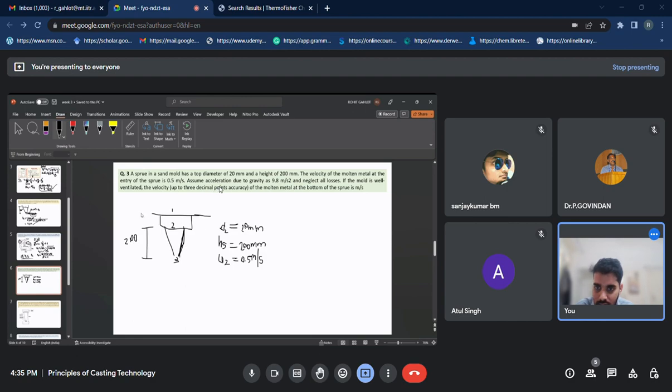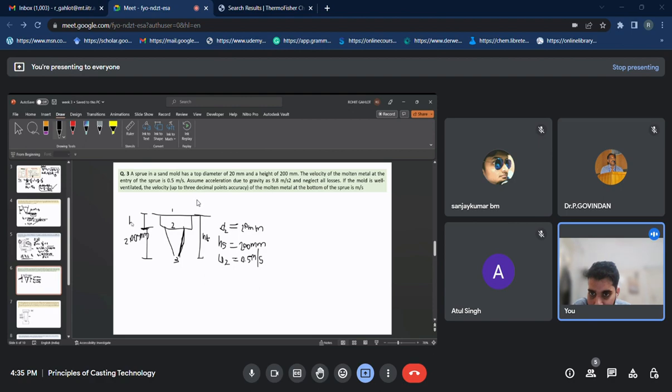If the mold is well ventilated, the velocity of the molten metal at the bottom of the sprue is? So from this, this is 200 and this we don't know, so I'm writing it as total height HT, which will be the sum of the heights.